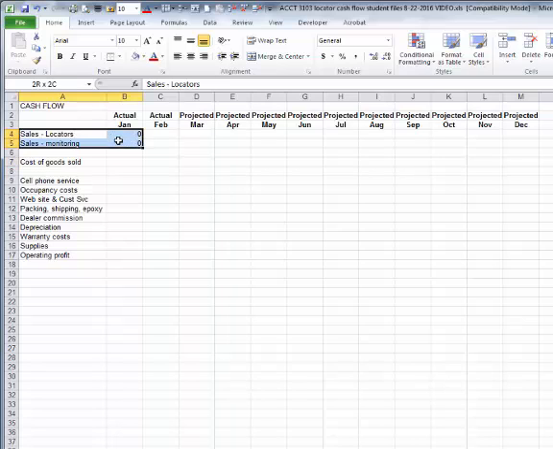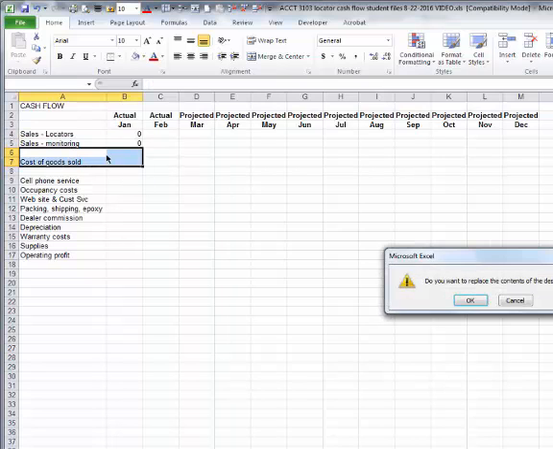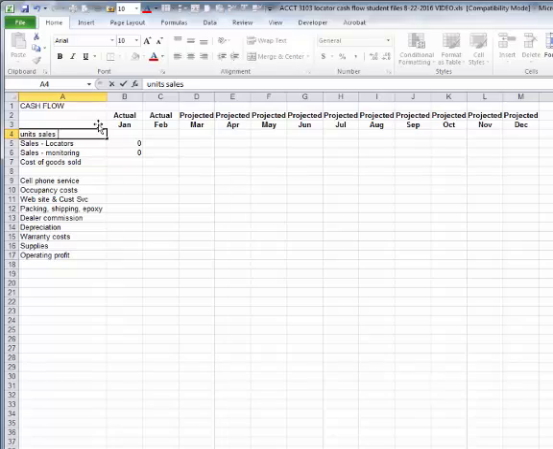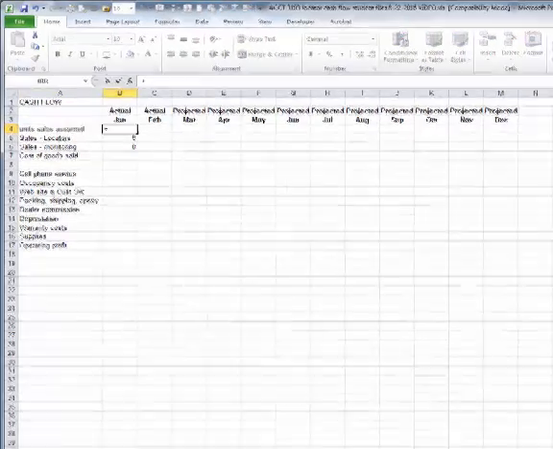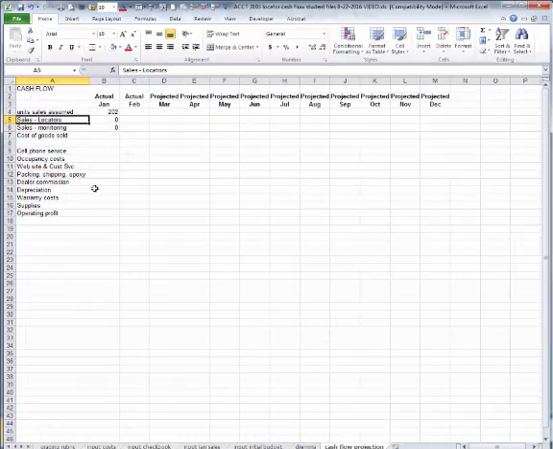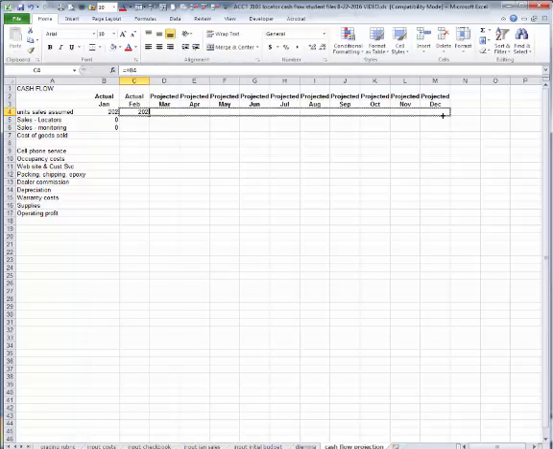So let's put our unit sales assumption in here. We'll put actual in here. And you can assume, I'm going to just make them all 202. You can assume something else if you want, but I wouldn't assume better than what they're doing now, because your client has just had a big disappointment.